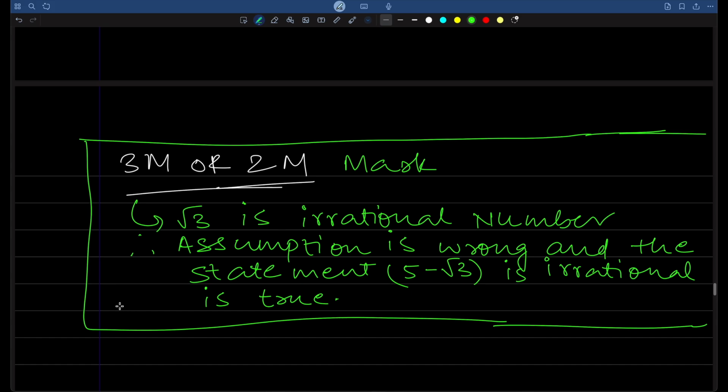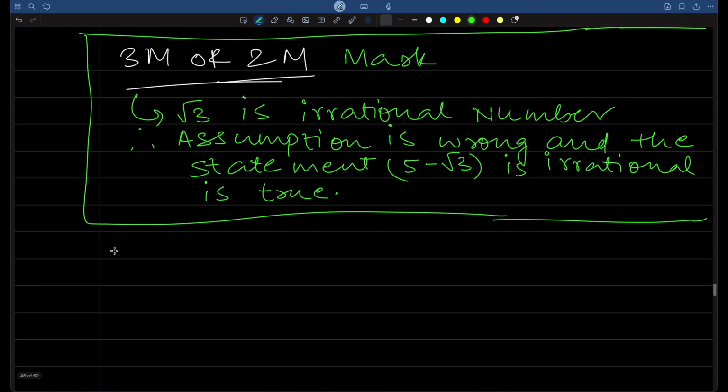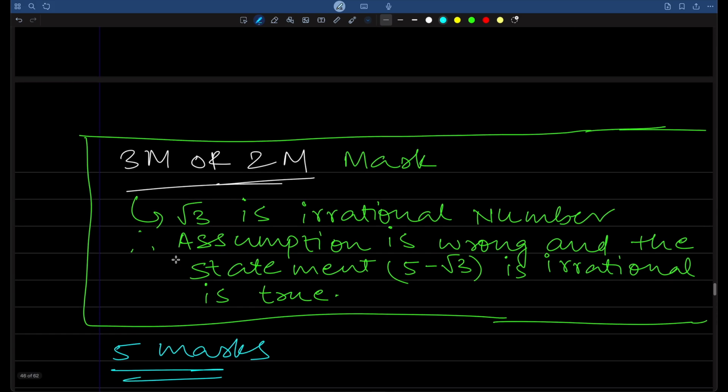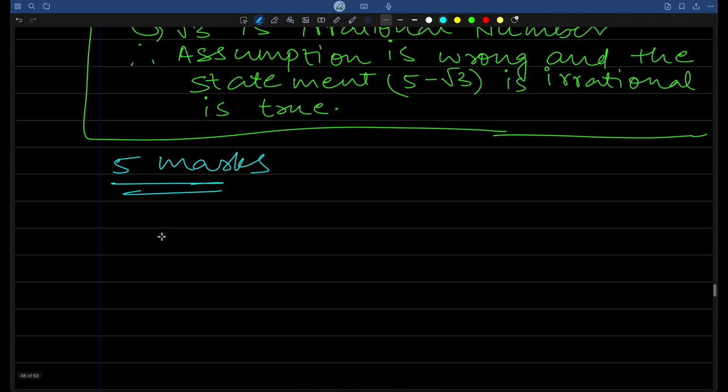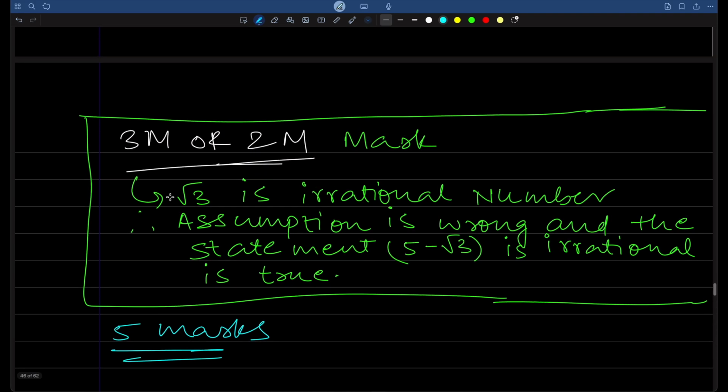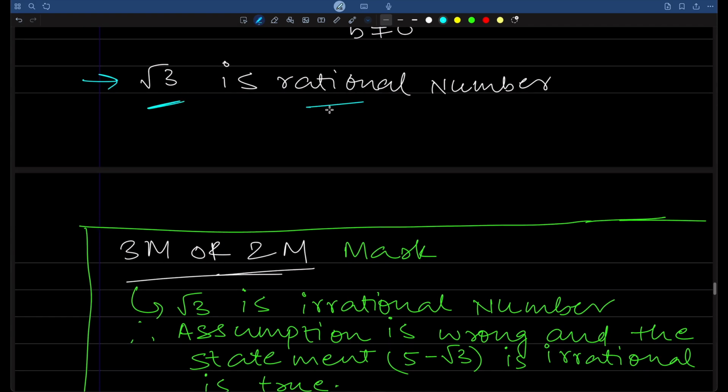Now if the question is of 5 mark, then you have to prove that root 3 is an irrational number. Now, continuing from here, we have root 3 as a rational number.